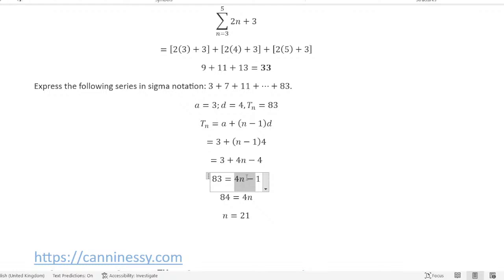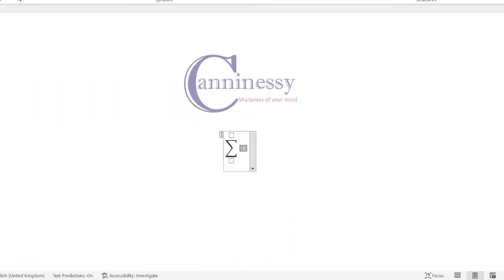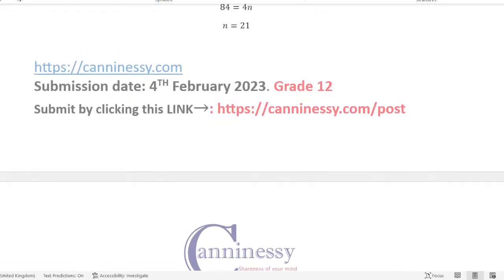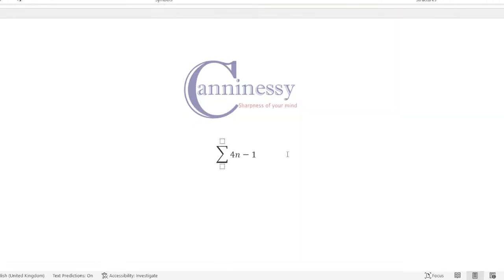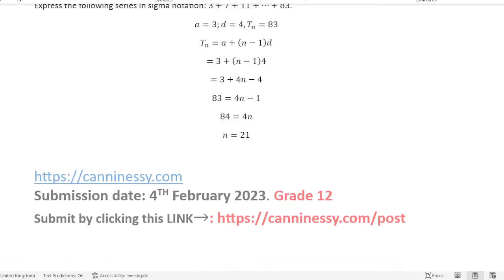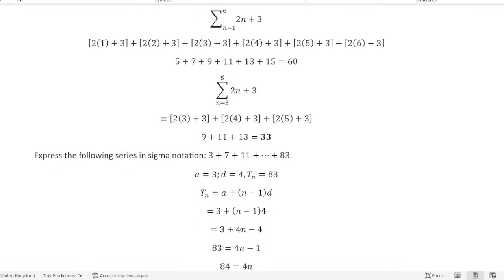So the value of Tn is 4n minus 1, right? So now here we're going to put 4n minus 1. Then now, how many number of terms do we have? We have 21. So here we have 21, right? Then n starts from 1. In this case, n starts from 1.